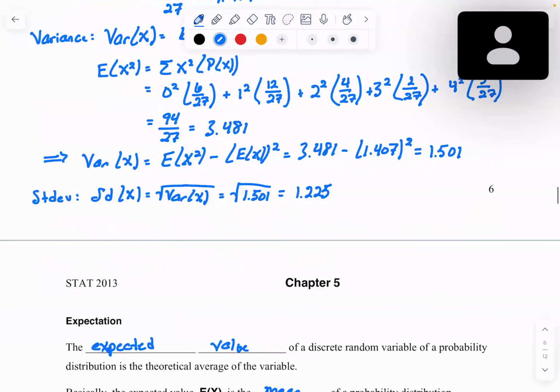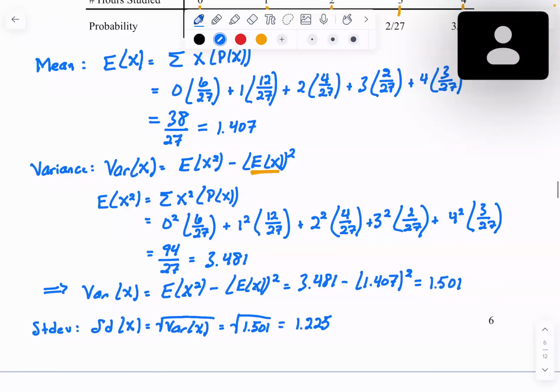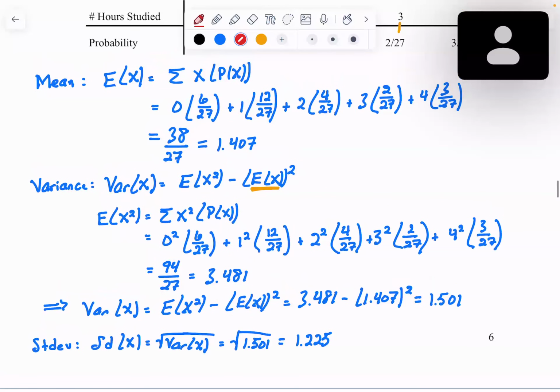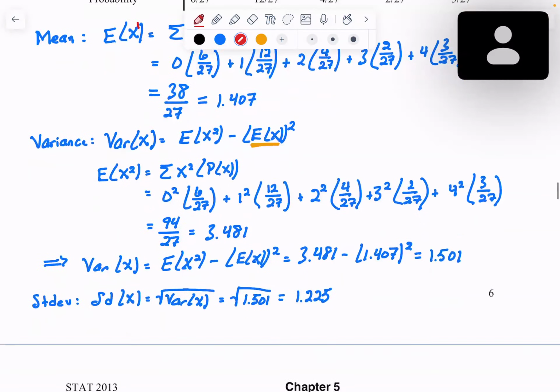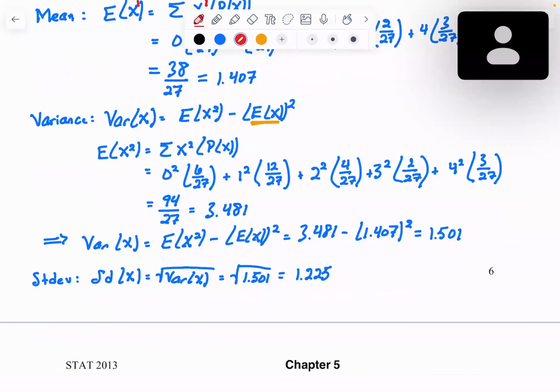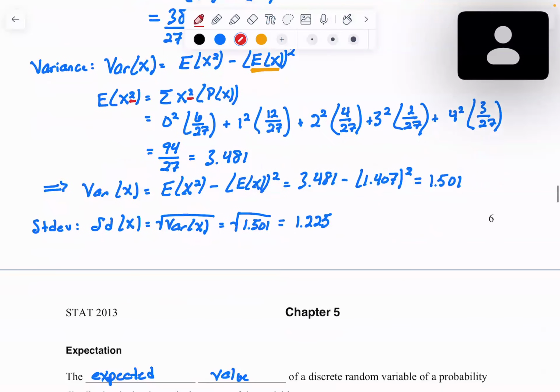The only thing that changed is sometimes I put an x squared in there. Sometimes I would just put x, right? And whatever the power of x was inside this expected value here is the power that we use. So here, whenever we had the expected value of x to the first, it was x to the first times the probability of x. Then when we moved here, the expected value of x squared, the power was 2.